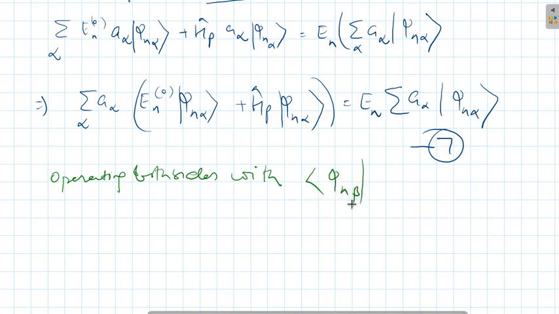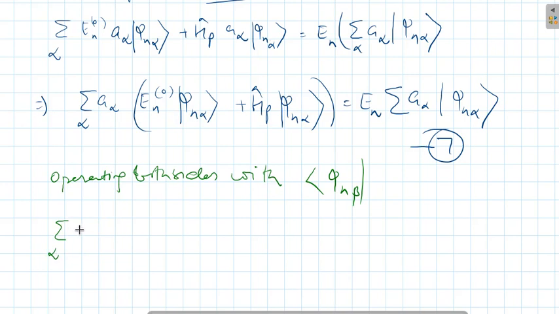If I operate with this, then what will happen? Let us have a look. It's a constant, so that means phi n beta can be taken inside. So what does it mean?